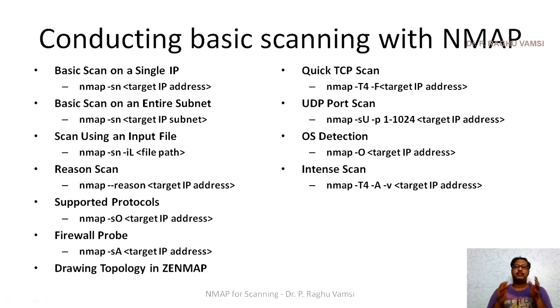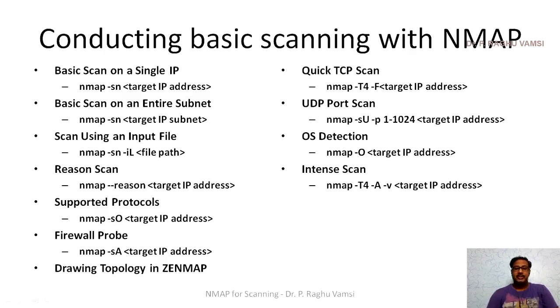So far we have seen whether the system is live or not, and the supported protocols, but we want to see what services are running on the target IP address. So for that, this quick scan will help us.